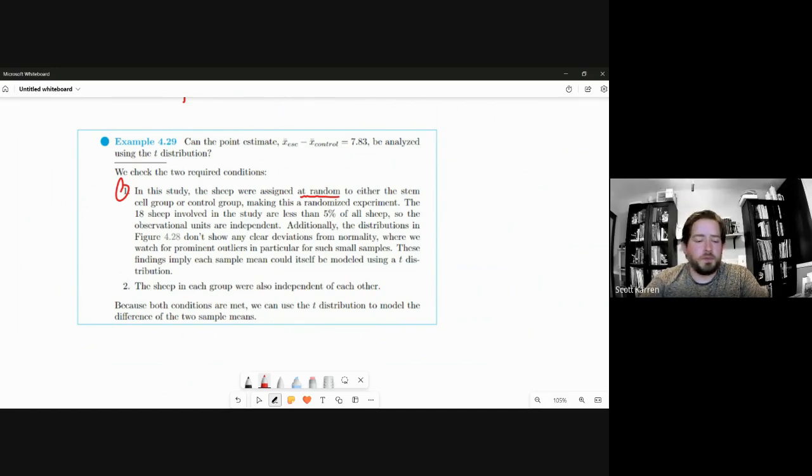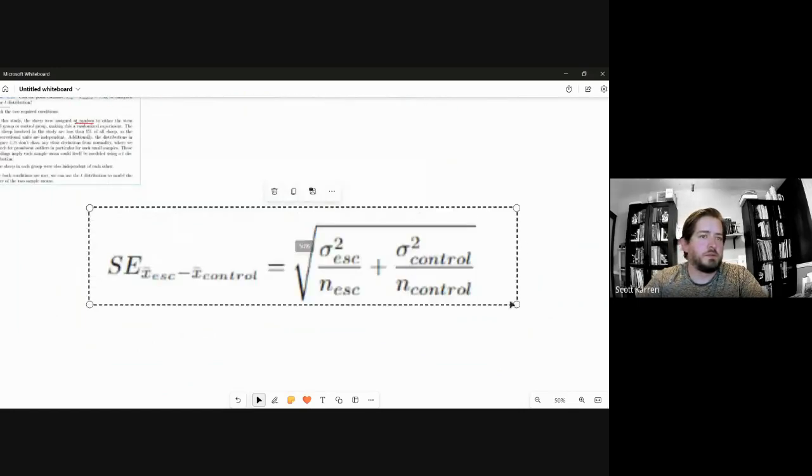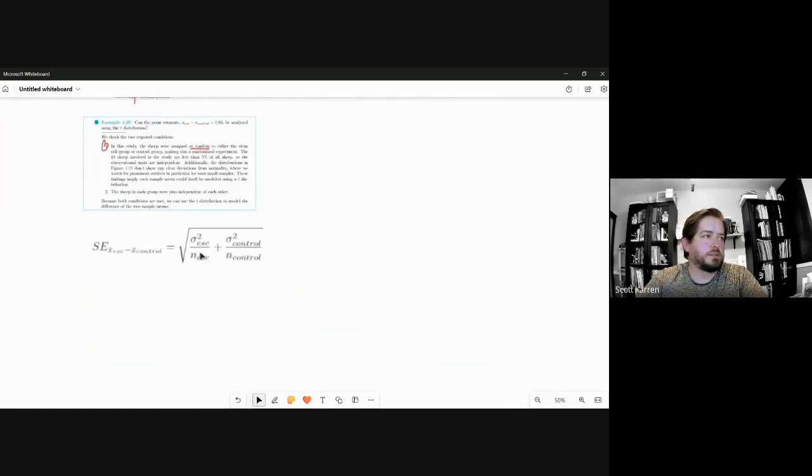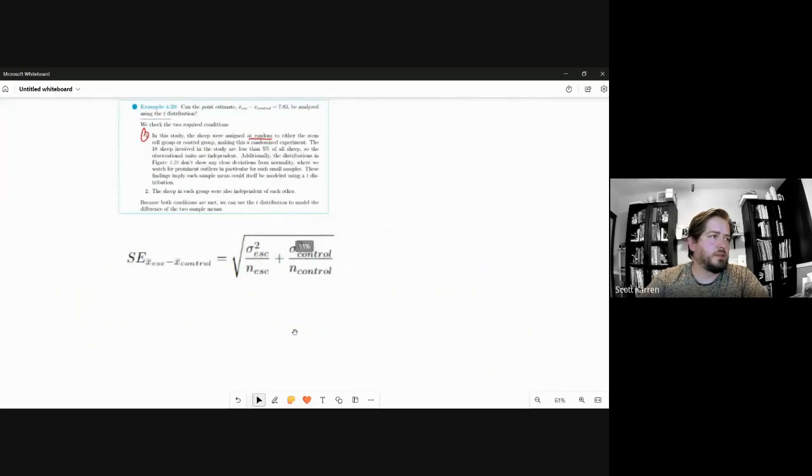Okay, so there's a new standard error calculation that we'll be using here. So this one should be for your notes. It's a little bit ugly. I might just have to write that. But the standard error, I'm going to write it in general.